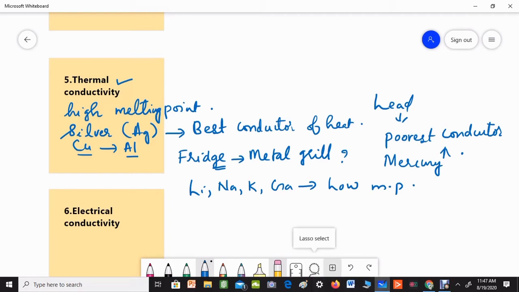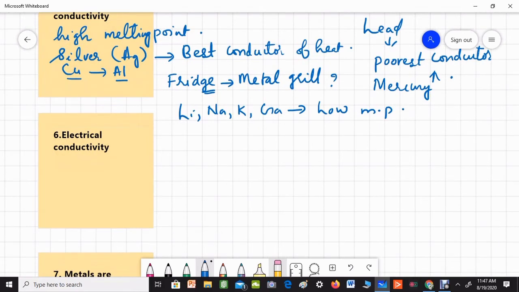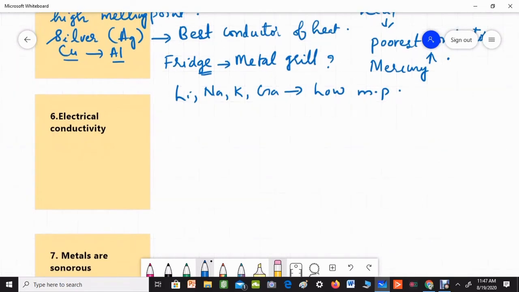When we look at electrical conductivity, metals are good conductors of electricity, which means they allow electricity to pass through them very easily. Which is the best conductor of electricity? It is silver.